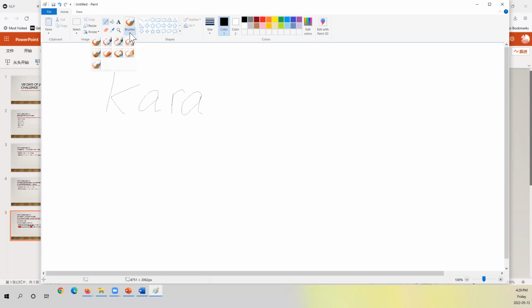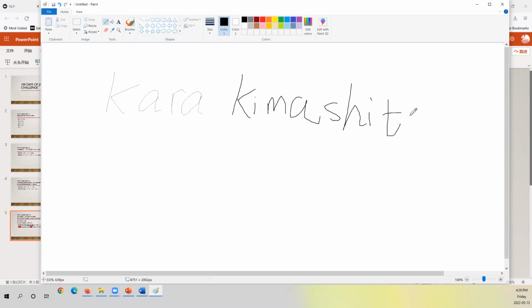If I can make the stroke bigger, kimashita. So ka is from, and then kimashita is come. And if you want to put a where in front, you put it over here. So it's doko.